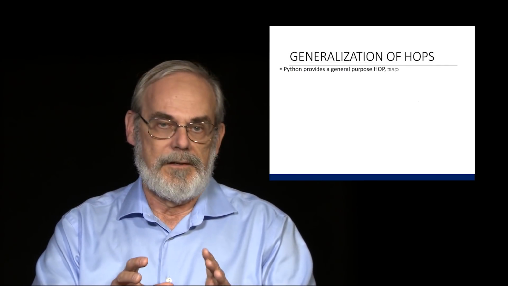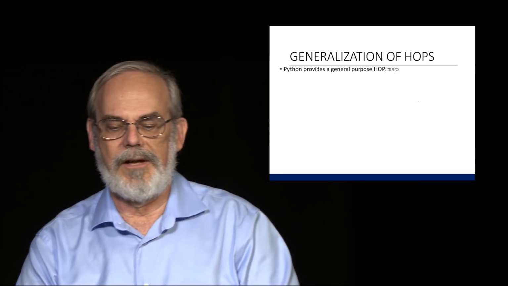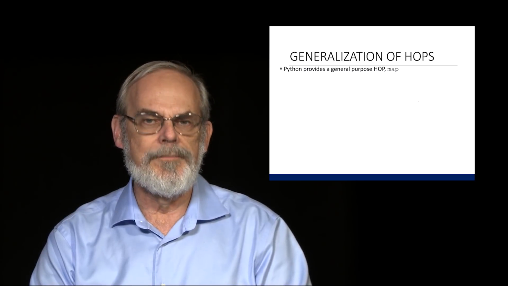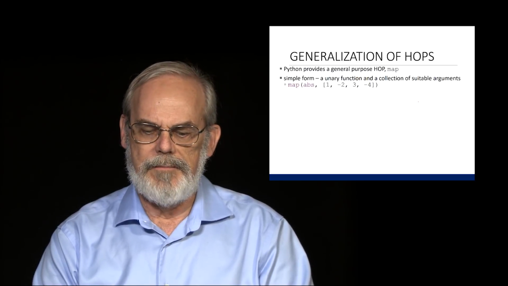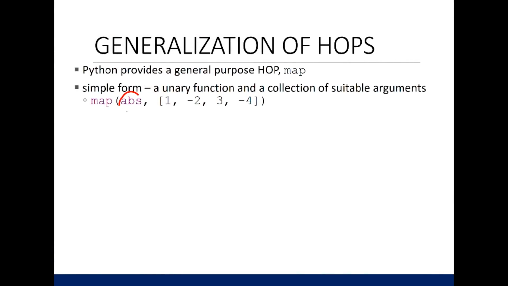That idea I can generalize, and in fact Python provides a very nice generalization, something we call a higher order procedure. It's called map. And here's what map does. In its simplest form, it takes a function that expects only one argument.